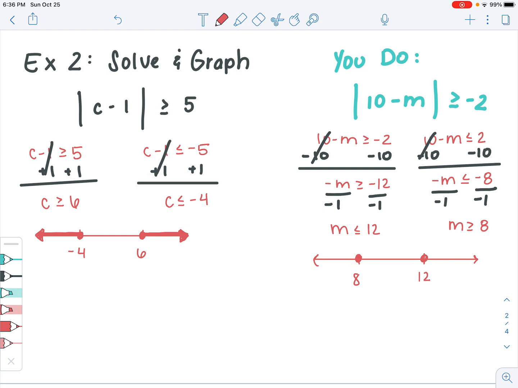I have m is greater than or equal to 8, so I'm going this way, and m is less than or equal to 12. But I know that I started with a greater than sign, so this is an OR problem, which means that once I start shading for an OR problem, I continue shading. So all of these are going to possibly be solutions.